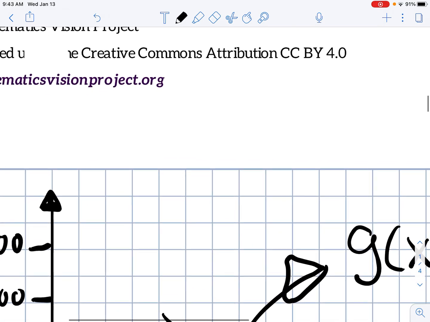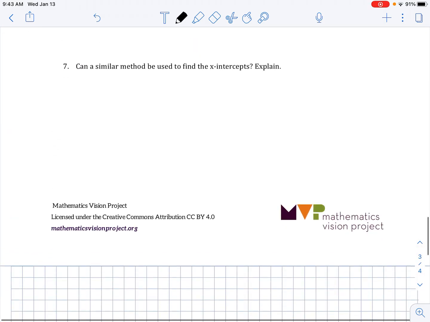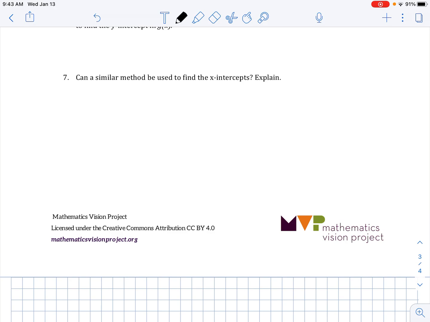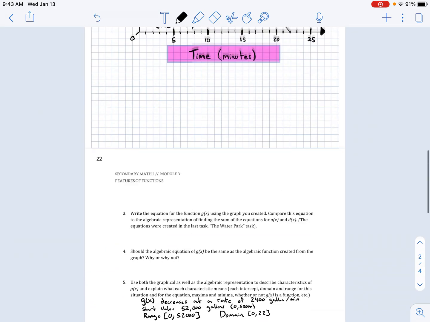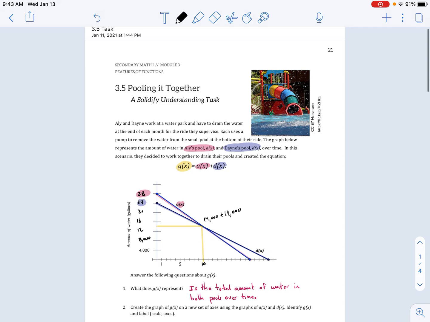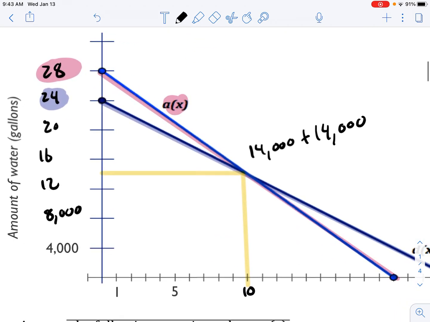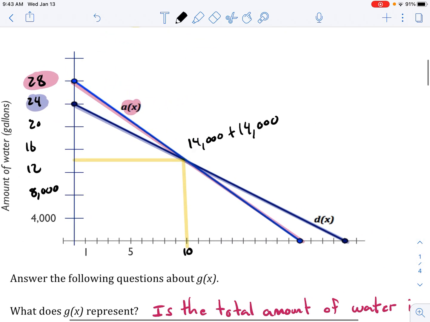And for problem number 7, it says, can a similar method be used to find the x-intercepts? In this method, we added the two start values together, but can you say that because it took, I think it's about 20 minutes and 24 minutes, together it should take 44 minutes? No, you can't add them together. What happens is the time should be somewhere in between the two, not way over to the right.